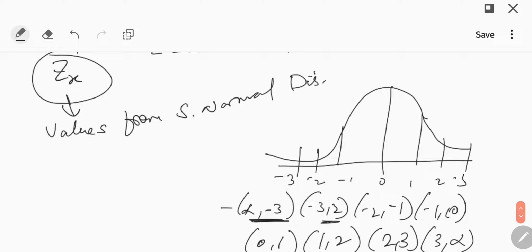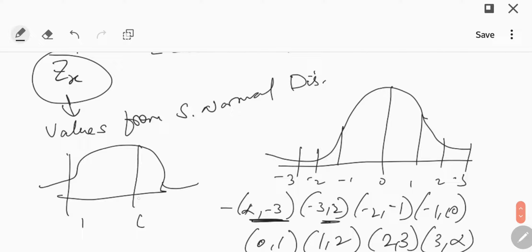So between minus 1 and 1 is 68%, so probably I require 34% from minus 1 to 0, and 0 to 1 I require 34%.